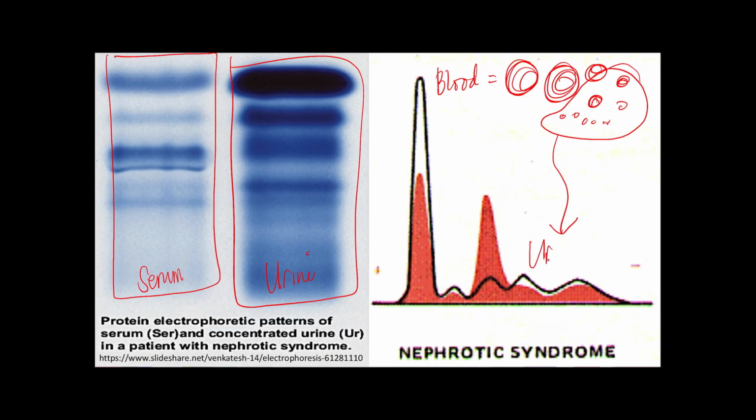So you can find them in your urine sample. That's why if we check the blood sample of a patient with nephrotic syndrome, we can observe decreased amount of low molecular weight proteins. But the high molecular weight proteins are increased. It is opposite with the urine sample, because in the urine sample, the high molecular weight proteins are decreased, whereas the low molecular weight proteins are increased.